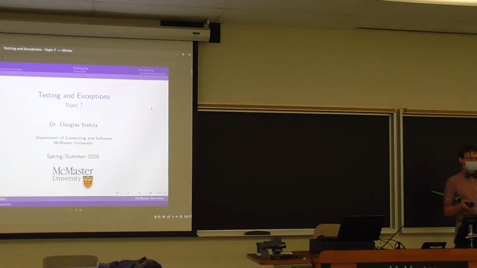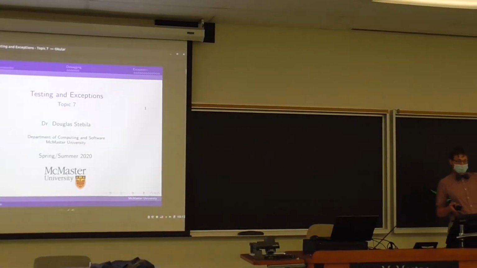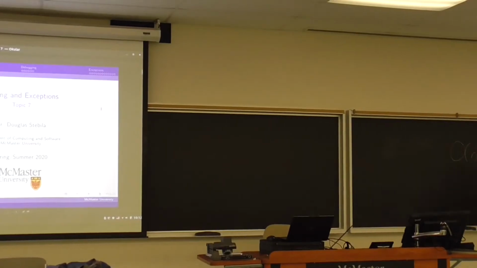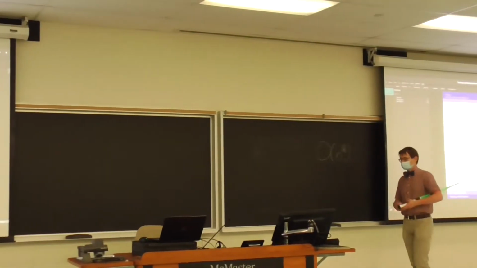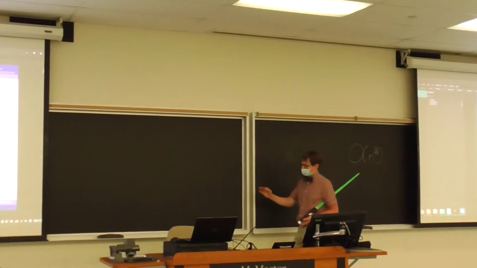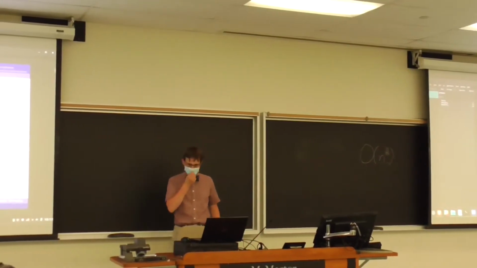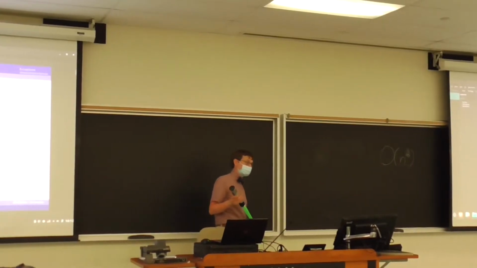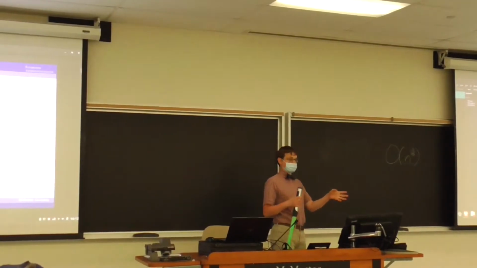So we've talked about algorithmic complexity and whether or not an algorithm is fast, and now we're going to talk about whether or not it's any good. Because it doesn't matter how fast your algorithm is if it gives you the wrong result, right?